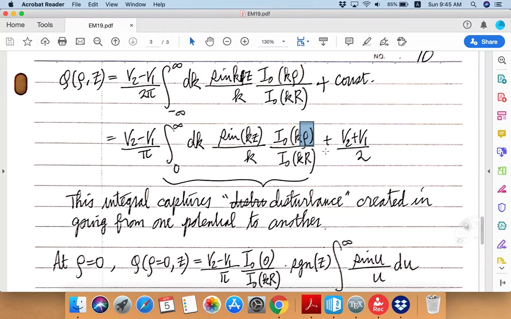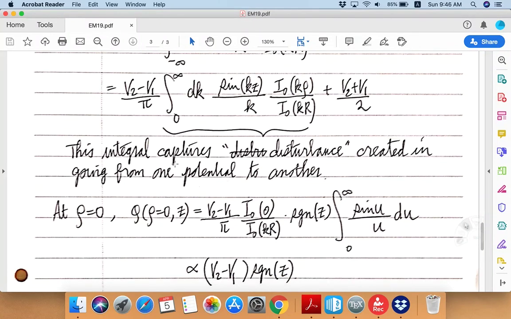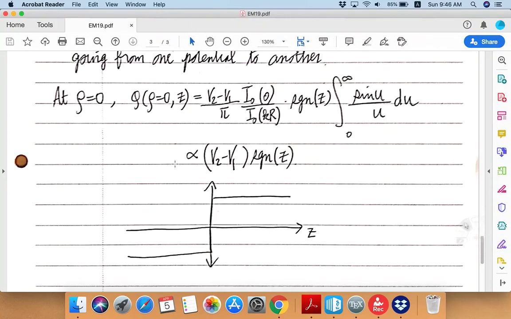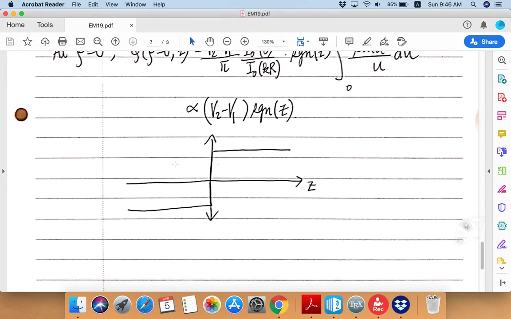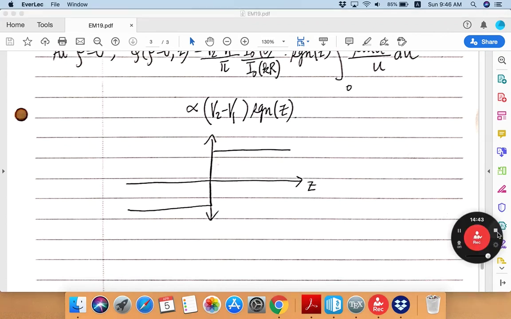Then we will still obtain the same behavior, same function for the potential. I'll leave those questions as a free exercise for you guys for your intellectual enjoyment. Thank you.